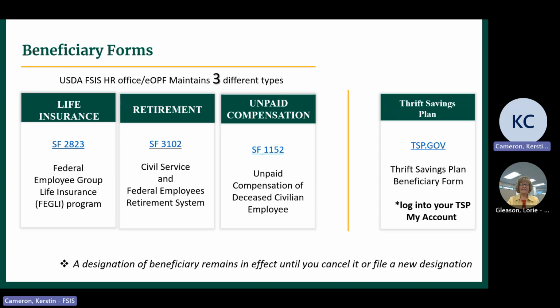The SF 1152 is used for unpaid compensation, such as the final salary check, unused annual leave, unpaid travel vouchers, or other monies the agency would owe an employee who died. Please manage your TSP beneficiaries by logging into your TSP My account.